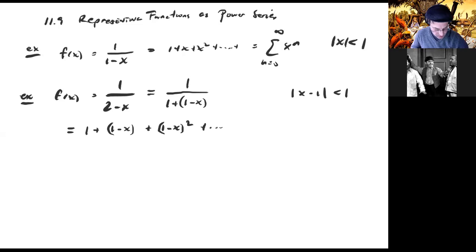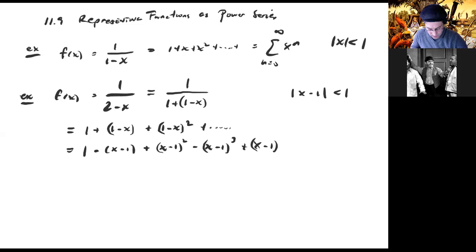Now it's more convenient to rewrite this as 1 minus (x minus 1) plus (x minus 1) squared minus (x minus 1) cubed plus (x minus 1) to the fourth, etc., which can then be thought of as the sum as n goes from 0 to infinity of (minus 1) to the nth power times (x minus 1) to the n, and that's a power series centered at x equals 1.